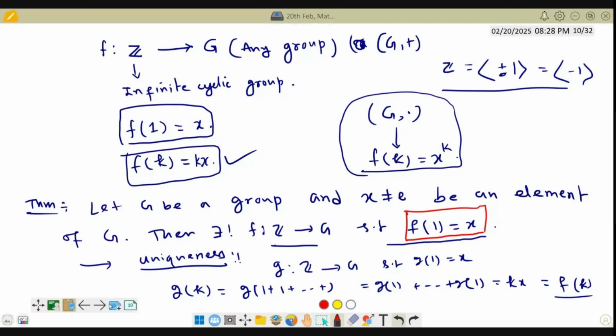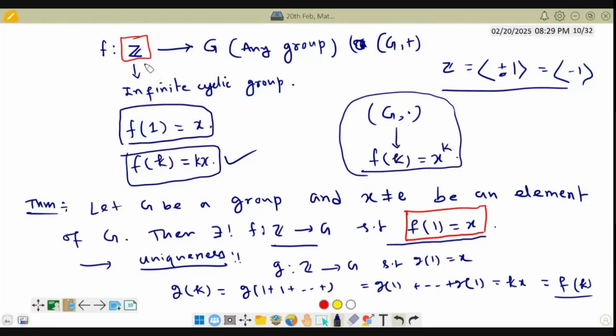I have a doubt. Here f of 1 equals x. You are considering the generator of Z, right? Instead of this 1, can I replace it with -1? Yes, you can.